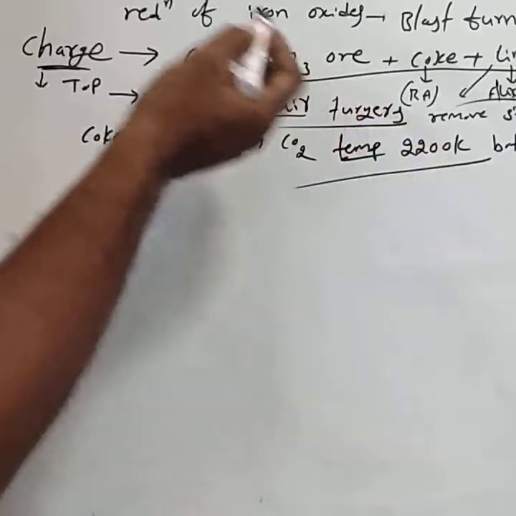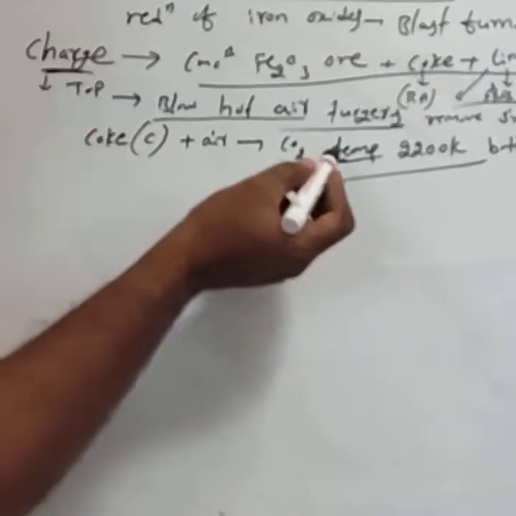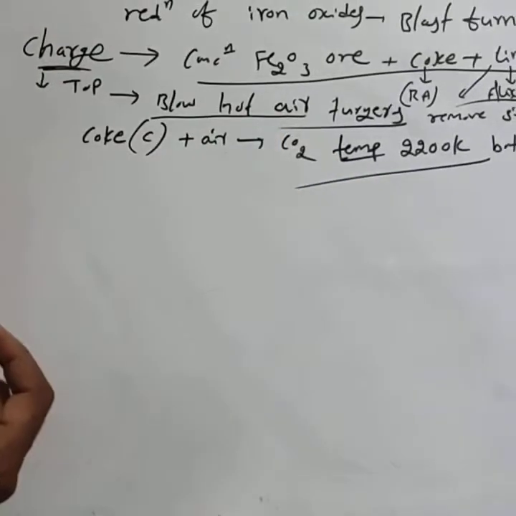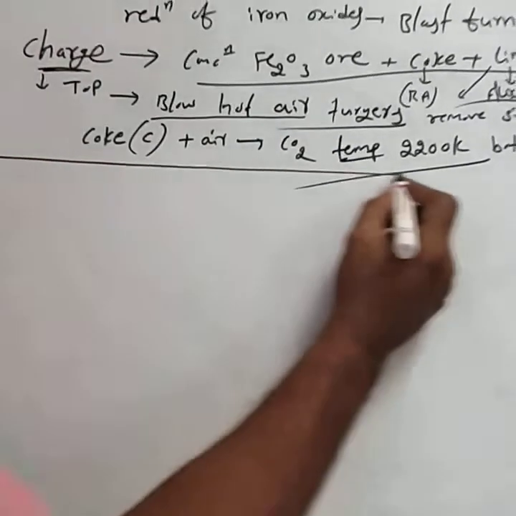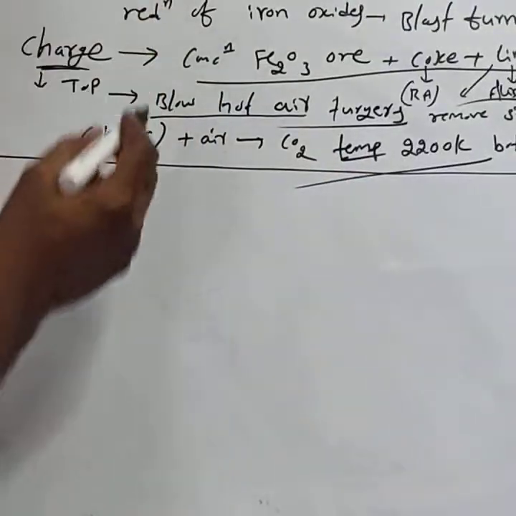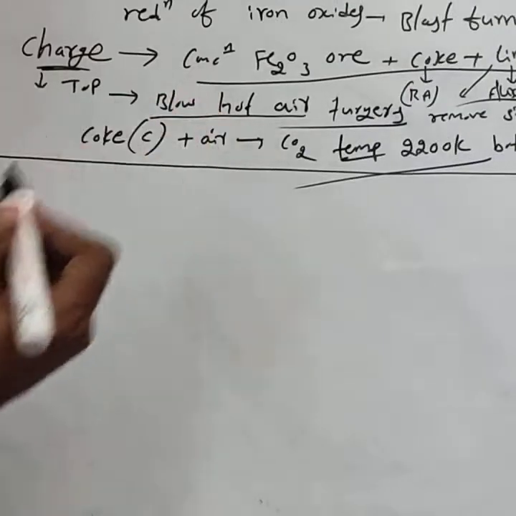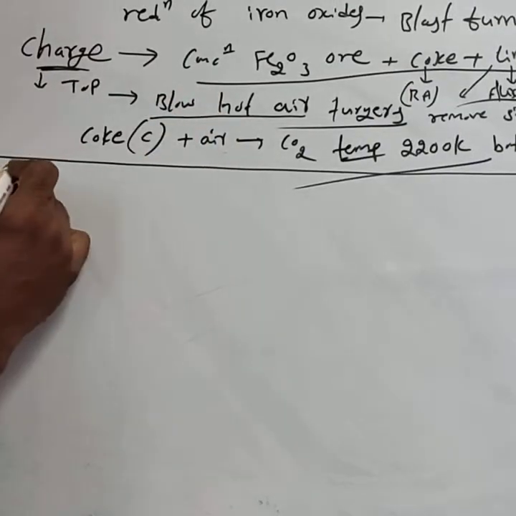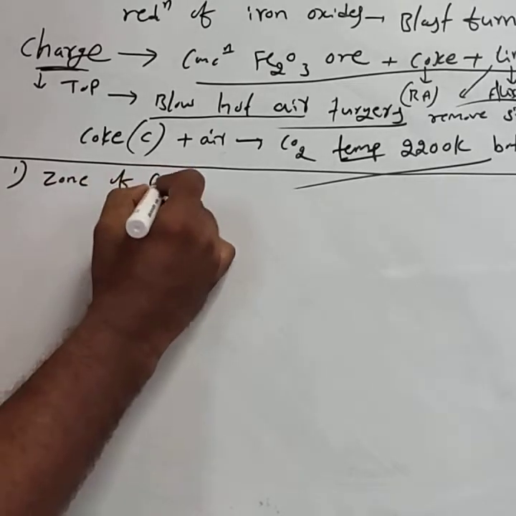Then in the blast furnace, different zones of chemical reactions take place. In the examination, they ask you to write only the chemical reactions. No need to write all these theoretical points. First is the zone of combustion.